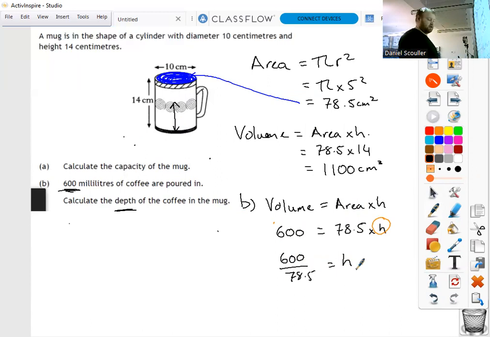We can use the letter D there. So 600 divided by 78.5, it's given us an answer of 7.6. It doesn't ask for anything in particular, so we'll do it to 2 decimal places, and that's in centimeters, and that's the height or the depth.